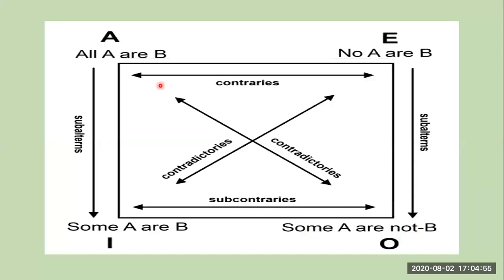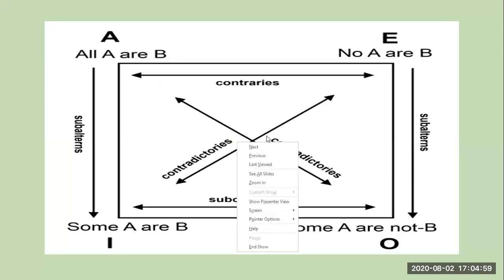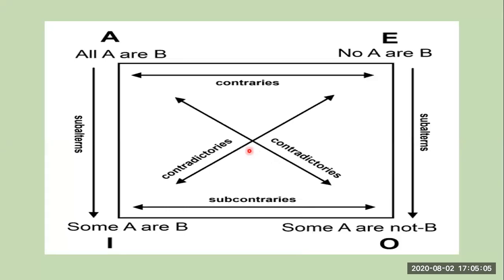The two lines drawn like an X are called contradictory. Very important for the exam, contradictory. And A and E are called contraries, I and O are called sub-contraries, and A and I, and again E and O are subalternations.